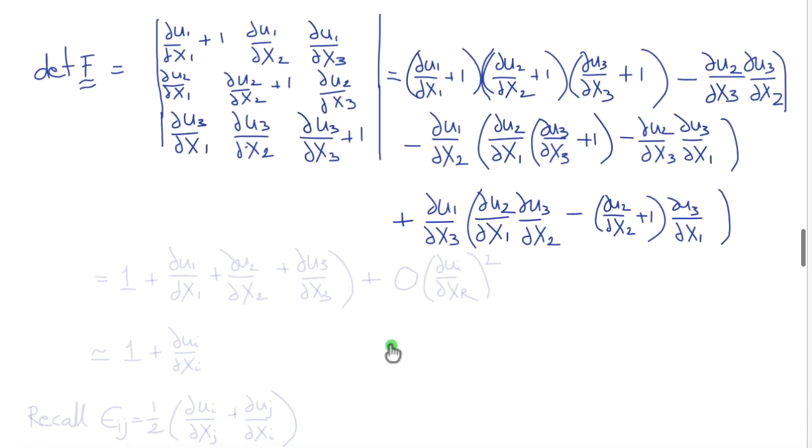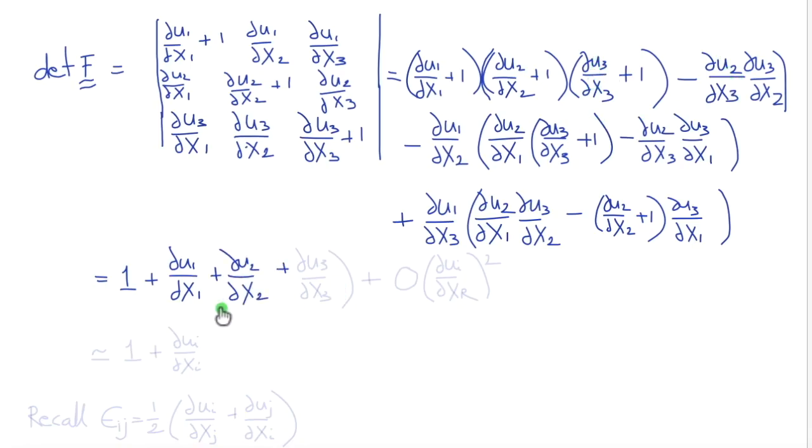Now, if we look at this expression, we see that all of the terms here, here, here, here, and here, all involve quadratic or higher combinations of these derivatives.